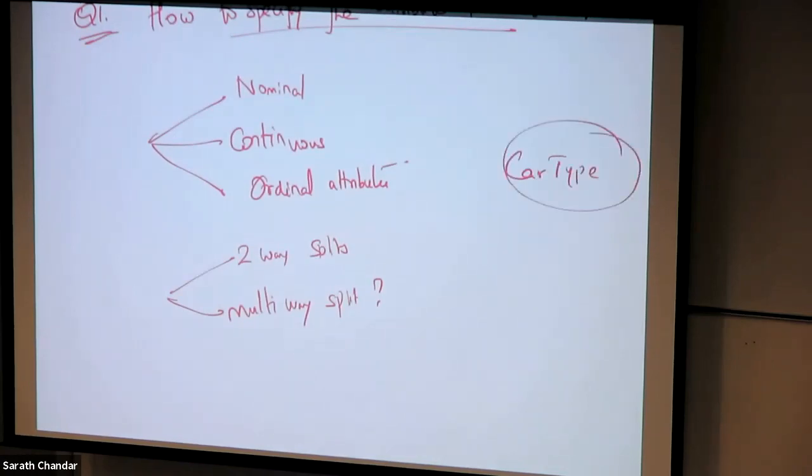I could have 3 different types of cars: family, sports, and luxury. Multi-way split basically means I split into however many options are available. If there are 3 options, I have 3 routes from this node. If there are 5 options, 5 routes.